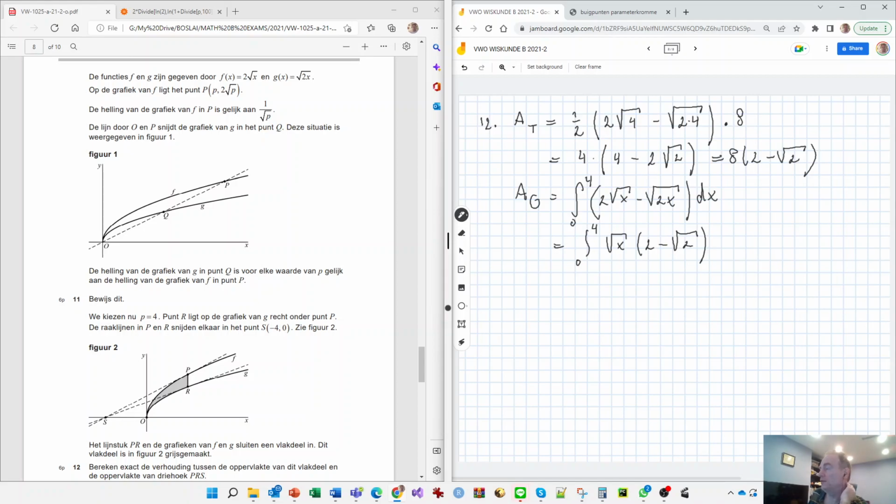Actually, you can see already this kind of constant coming out, and I can actually pull this in front of the integral. So it becomes actually much simpler than I thought, if all is well.